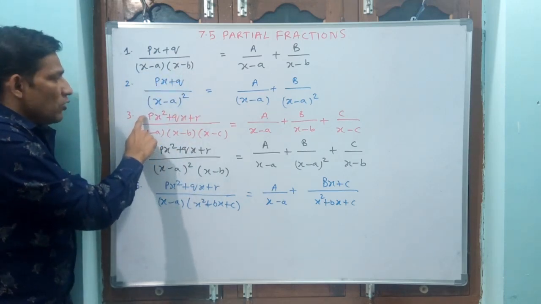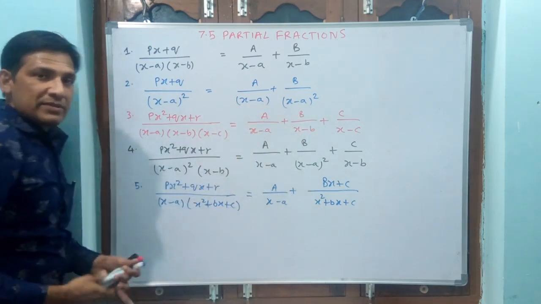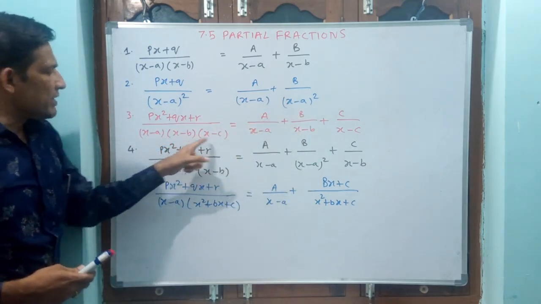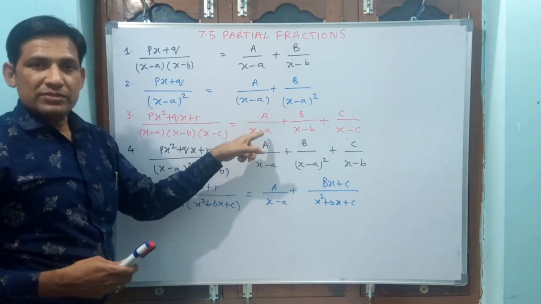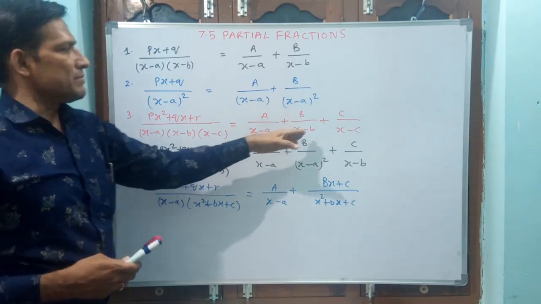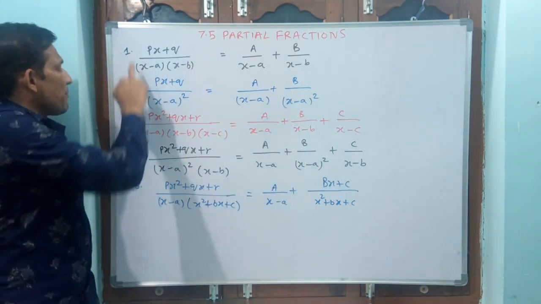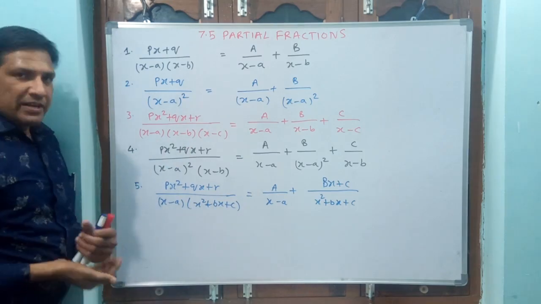But here, quadratic by cubic, 3 terms will come, a plus b plus c, divided by x minus a, x minus b, x minus c, for each of these factors. Okay, a by x minus a, b by x minus b, plus c by x minus c, all plus. Okay, if you compare this 1 and 3, you can understand it very easily.